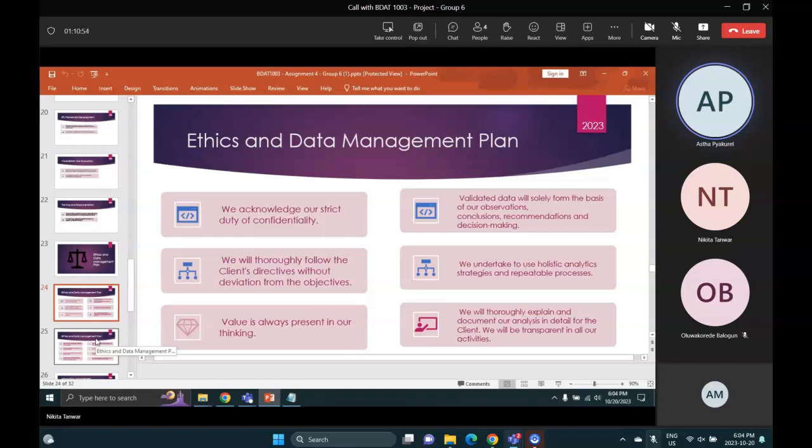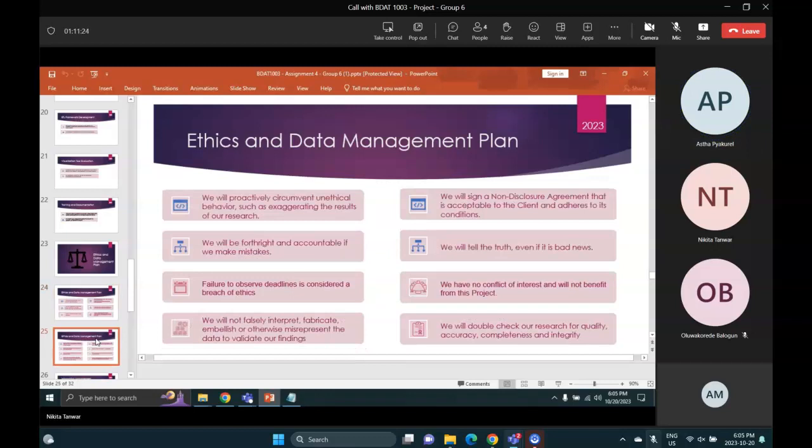And ethics is always present in our thinking, and we need to base our data validation solely on our observations, conclusions, recommendations, as well as decision making. And for that, we use various kinds of strategies and repeatable processes. We will also thoroughly explain and document our analysis in detail for the client so that our transparency in all activities can be maintained. Next slide, please.